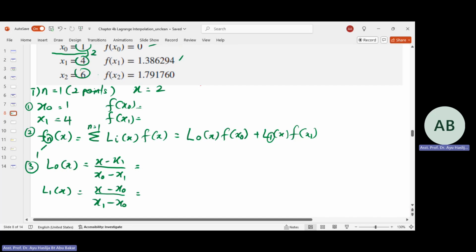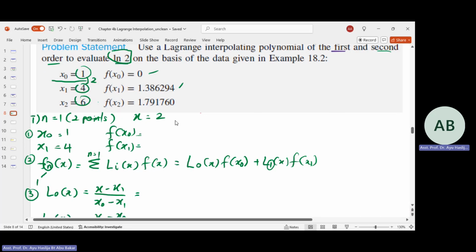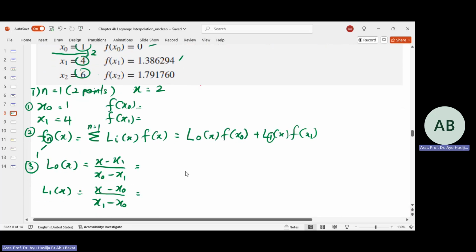Why 2? Because the question asks you to find ln 2. Evaluate ln 2, so that's why your x is 2. So what you get for L0? 0.6667, right? 0.3333 for your L1. Once you get your L0 and L1, sub into the main equation.